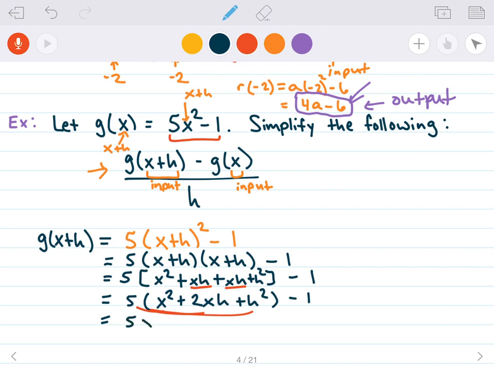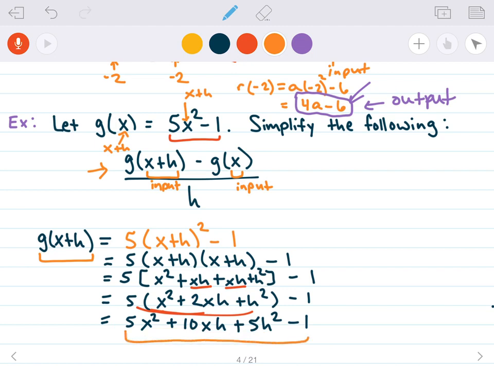So this is 5x squared plus 10xh plus 5h squared, and we still have this minus 1 hanging out in the back. And that's all we can do. We don't have any like terms, so we have simplified g of x plus h into this. We're just going to leave this for now until we put it back into the function.